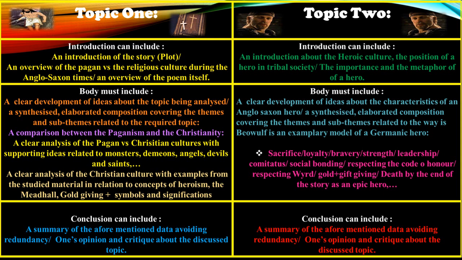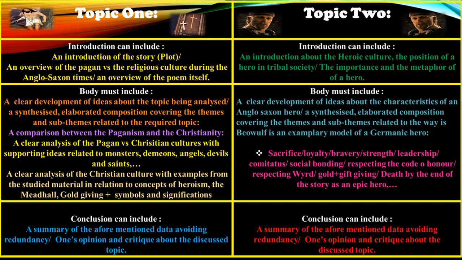In the way you have presented your ideas, especially for the ones who have selected topic 2, I would have preferred to see every theme discussed separately as far as the body is concerned. For example, paragraph 1 would speak about sacrifice, loyalty, and the code of honor.